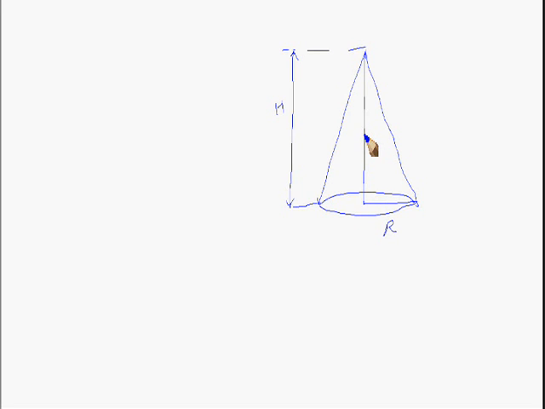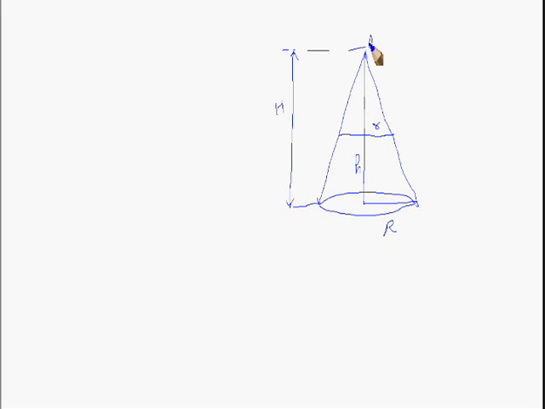Let's say this is the plane by which we are cutting this cone. So we are assuming that the radius of this part is small r and the height, we are assuming, is small h.